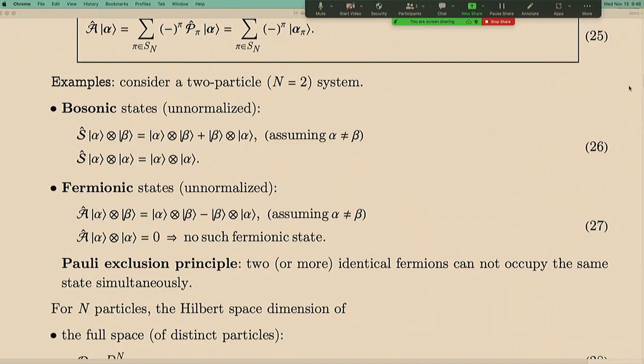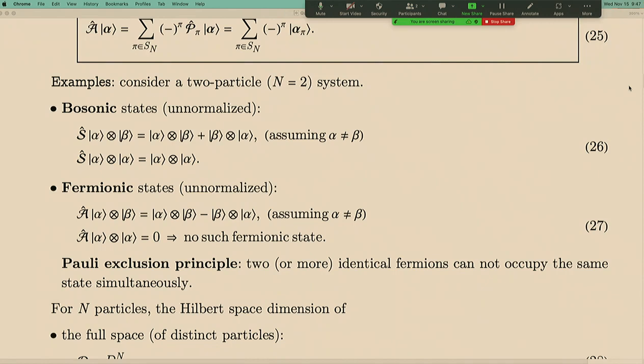And what about alpha beta? If you try to anti-symmetrize, then it goes to alpha beta minus beta alpha. And this is a basis that is automatically anti-symmetric under permutation, because if you try to permute the first and second particle, then this state goes to beta alpha minus alpha beta. But that state is just a minus sign of this state, right?